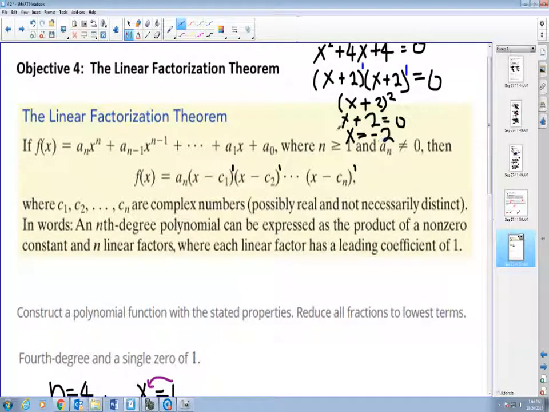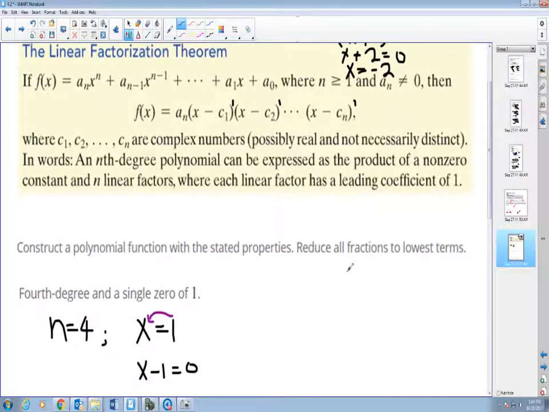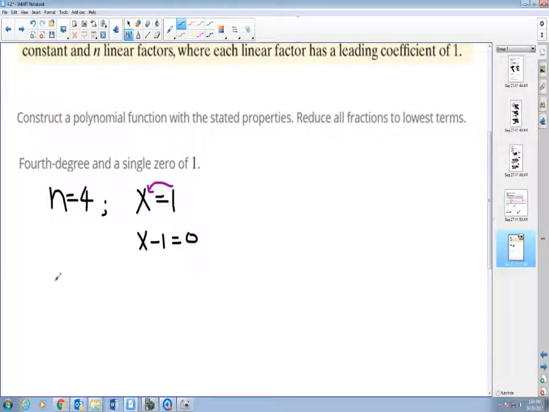So where was the factor at before I set them equal to 0? They were written in linear factor form. So that means my function f of x, my polynomial function, is x minus 1, written in factor form. But what's my exponents here?